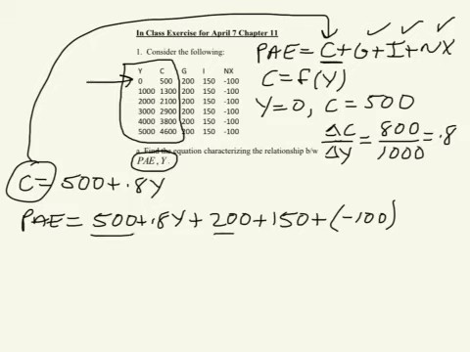And I'm going to combine everything that's autonomous, put it in one place. So planned aggregate expenditures are 500, 700, 850 minus 100 is 750 plus 0.8y.